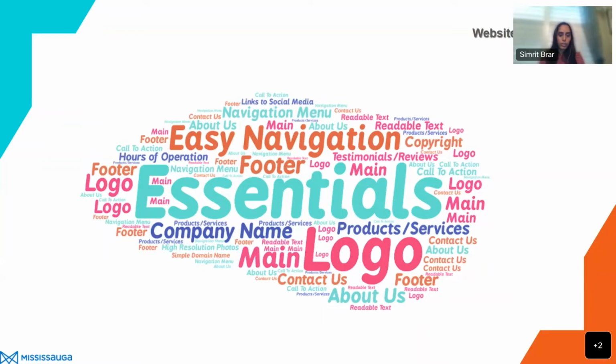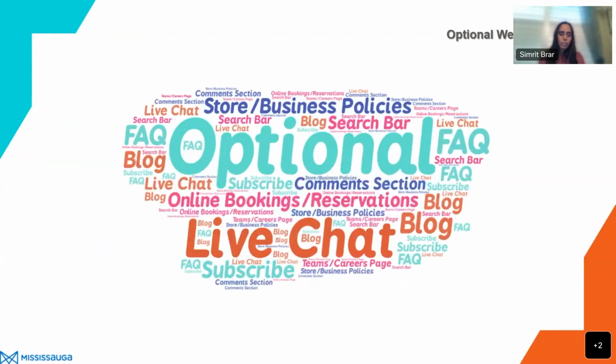Or if you have an online store where you want them to order from, you can include buttons that say order now or buy online. So those are just some examples of call to actions, but it's important to have them on your website. And here are just some optional sections that you can include on your website that you can explore on your own.